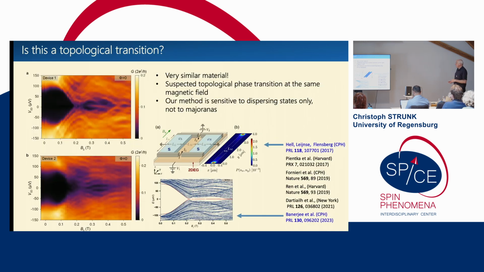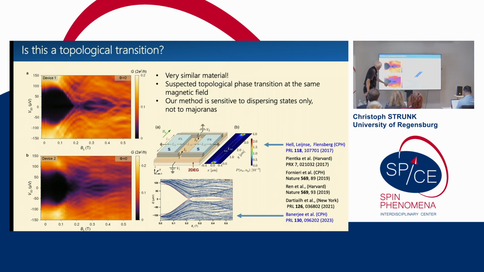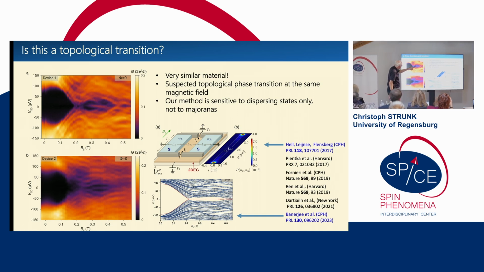And that is something that has also been observed by our colleagues from Copenhagen, who have worked in nearly the very same material from the same source to search for Majorana fermions. They did their spectroscopy, finding at a very similar field, about 0.2 Tesla, this transition with near zero bias states, which they interpret as Majoranas.